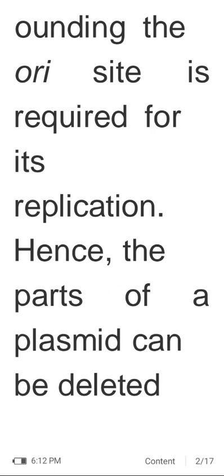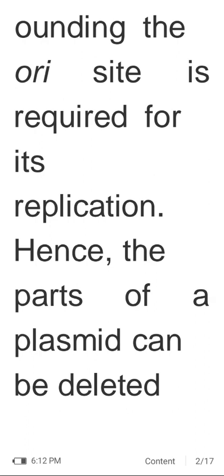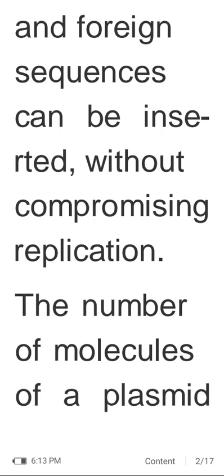Only a small portion surrounding the ORI site is required for replication, hence parts of a plasmid can be deleted and foreign sequences can be inserted without compromising the replication process.